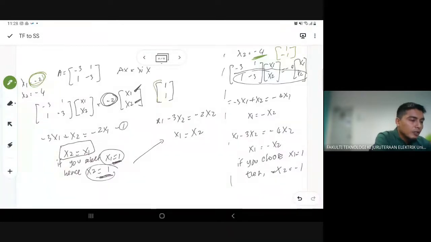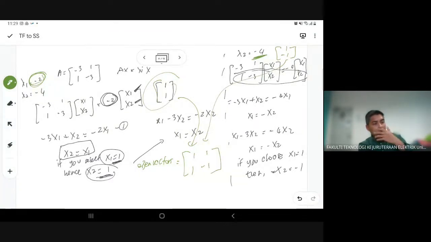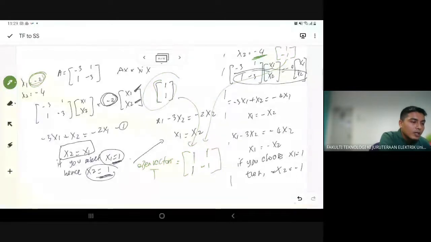So in conclusion, your eigenvectors are 1, 1, taken from here, and after that, taken from here, 1, negative 1. So that's why in your answer, you get the eigenvectors. We name the eigenvectors with the symbol T equal to [1, 1; 1, -1].